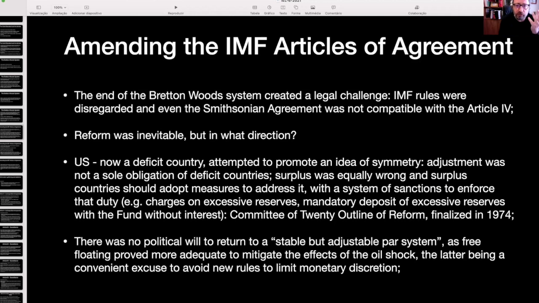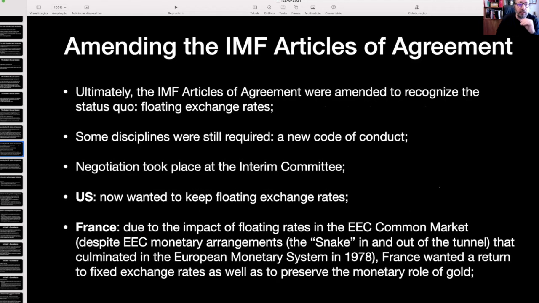This created a lot of inflation in industrialized countries, and so with high inflation, it was no longer sustainable to have a system of very stable exchange rates, because countries had very different rates of inflation, and so the system was ultimately simply abandoned, and so we entered into a new age, which is ultimately what we still have today.